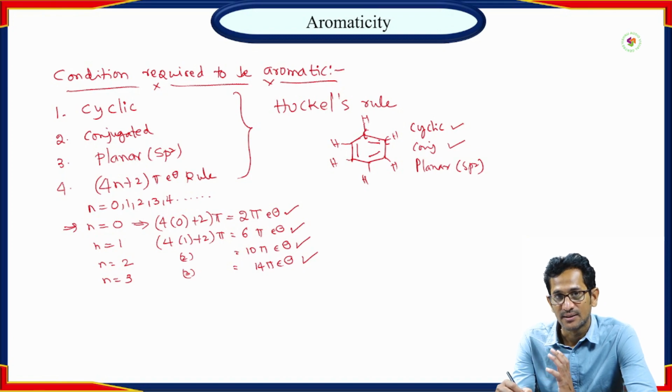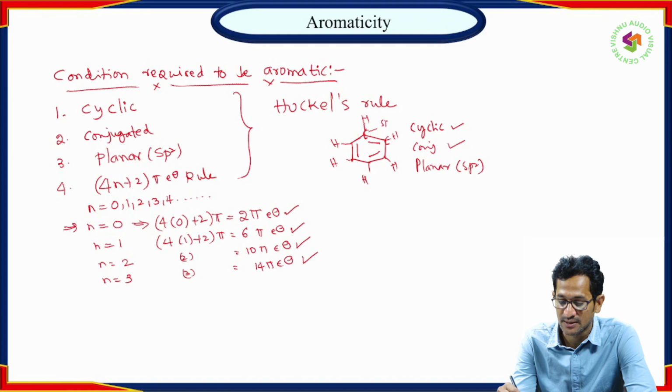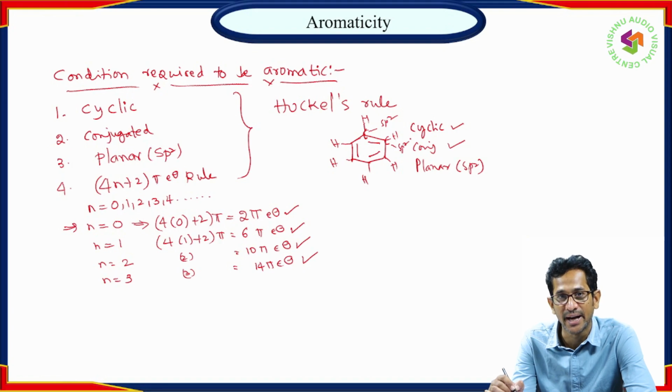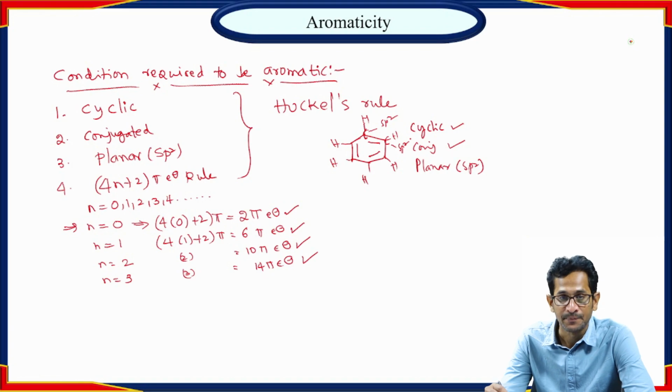Only sigma bonds are counted for the hybridization. Therefore it is sp2, one s orbital and two p orbitals. All the carbon atoms are sp2 hybridized, so the structure is planar in nature.